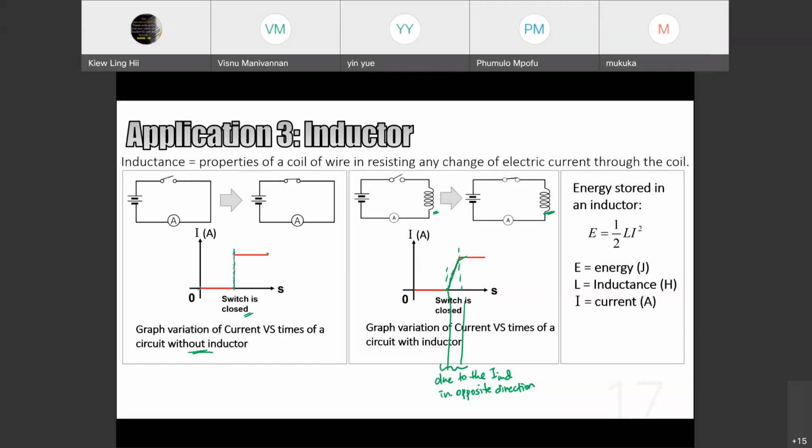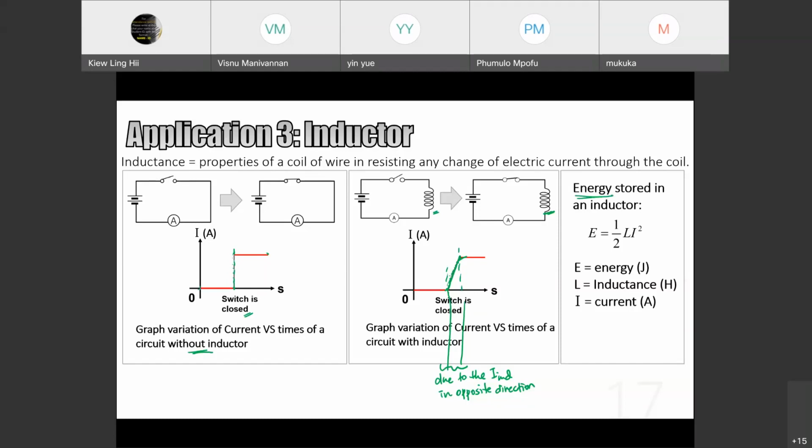So finally, when there is no more change in flux, that is the time when you will get the maximum current from the power supply. When something can generate current by its own, we say there is energy contained in the solenoid itself.